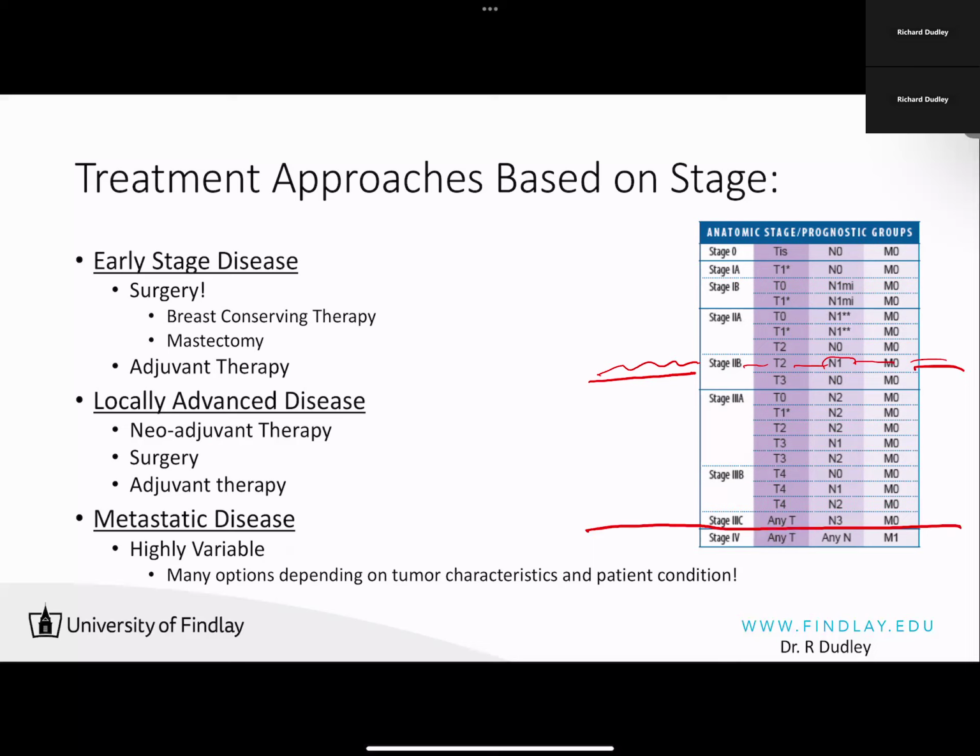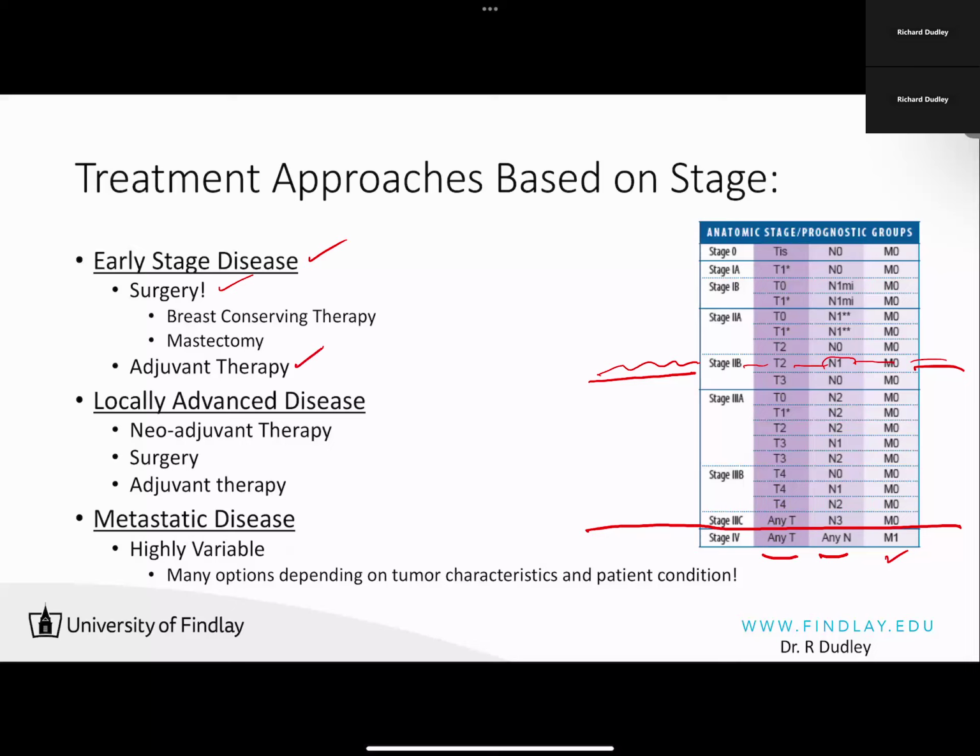Again, metastatic disease, any tumor size, any nodal involvement, doesn't matter. You could have a small primary and no nodes, but if you have a lesion in the bone, that's metastatic disease, right? Early stage disease, surgery is the best treatment approach, mastectomy or a lumpectomy, and then we follow it up with adjuvant therapy.